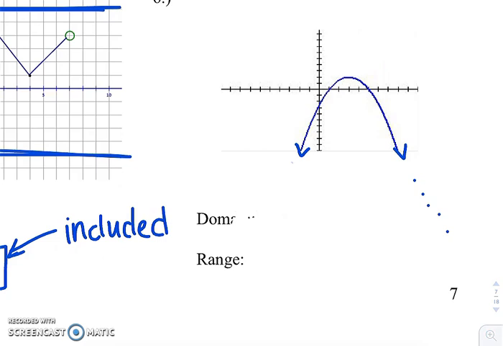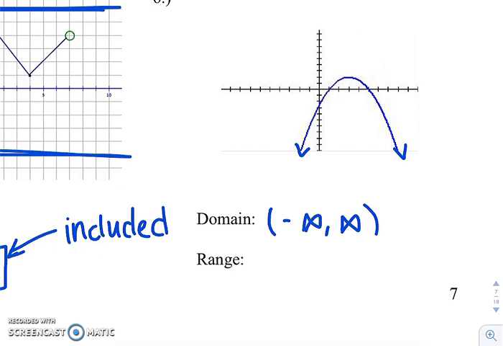So because both of those have arrows on them, again, this was pulled from a calculator, so it's not going to show the arrows, but it continues off that graph. The domain is going to be from negative to positive infinity. There is no stopping point in the left or right direction.